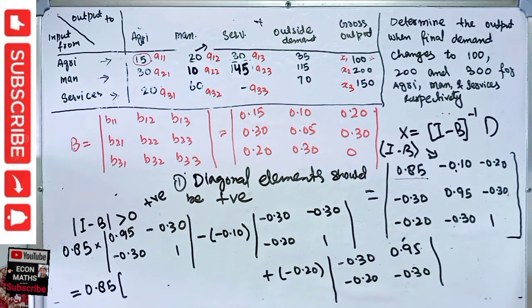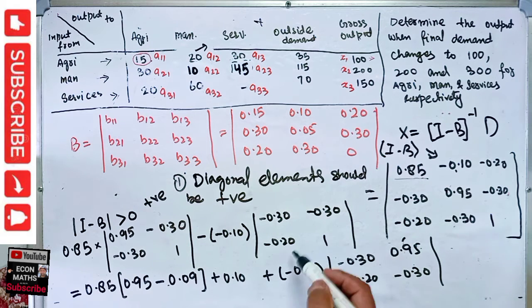Okay, and then what will we do, we multiply these very numbers, we first multiply these very two elements on the principal diagonal, that is 0.95 into 1, that is 0.95, and then we have minus from the formula, also we have, then we multiply these very two numbers, we have minus 0.30, minus 0.30, minus minus is plus, so we will get 0.3 into 0.3 is 0.09. Okay, similarly here minus minus is plus, we will get 0.10, and similarly we can solve this very subdeterminant.